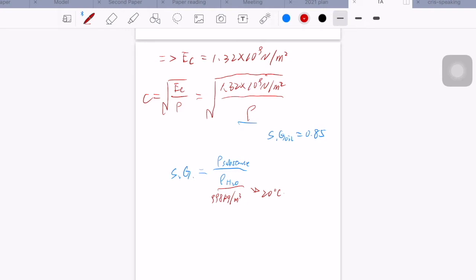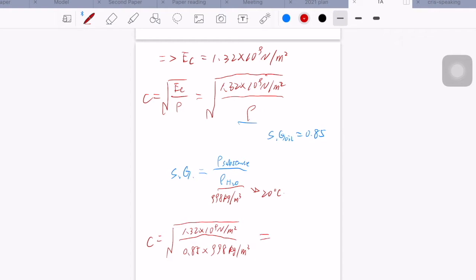So now C equals the square root of 1.32 times 10 to the power of 9 Newton per square meter divided by 0.85 times 998 kilograms per cubic meter.